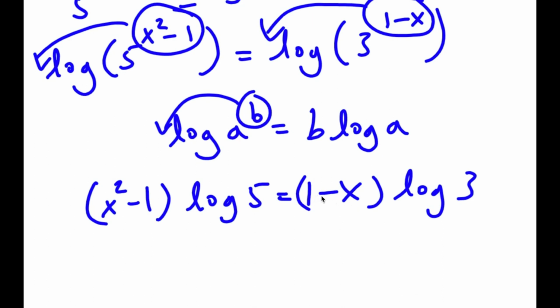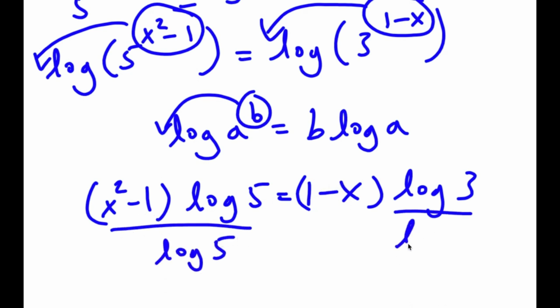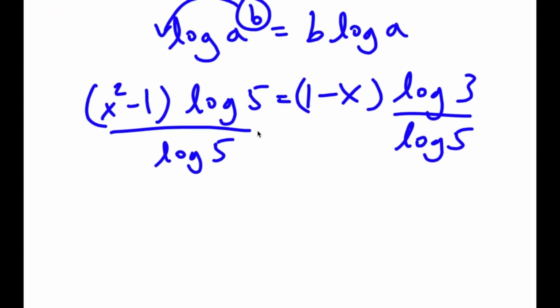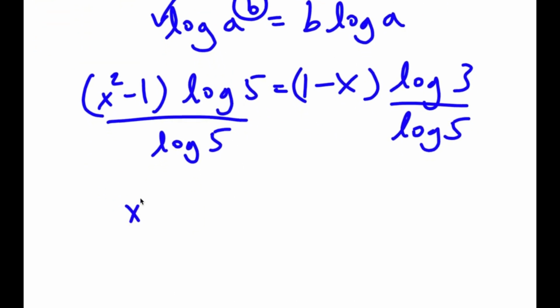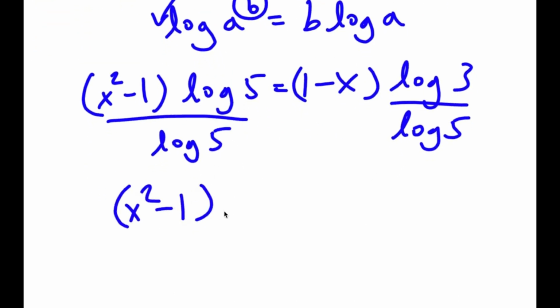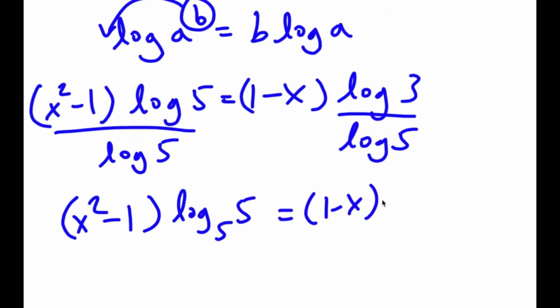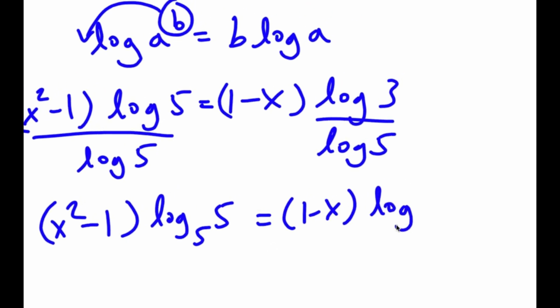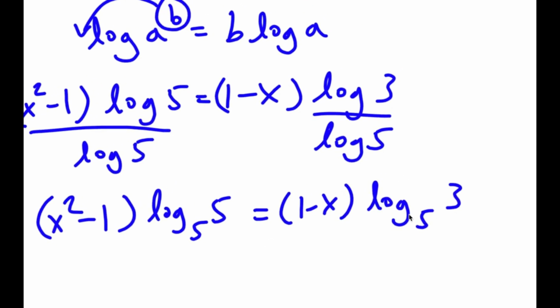Now I'm going to divide both sides by log 5. And log 5 over log 5, that's the same thing as log base 5 of 5. And log 3 over log 5, that's the same thing as log base 5 of 3.